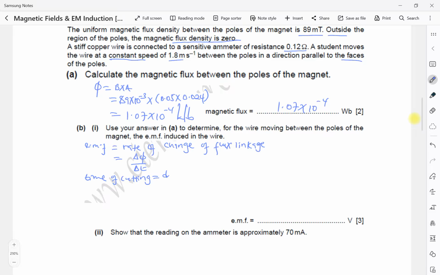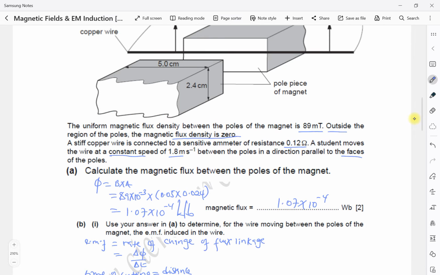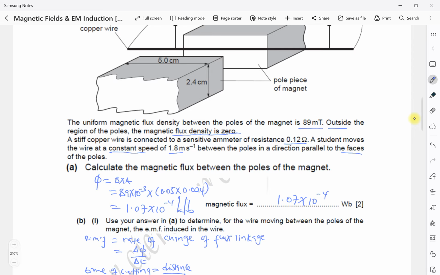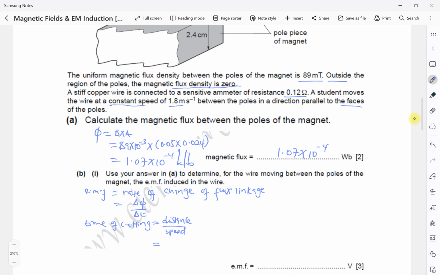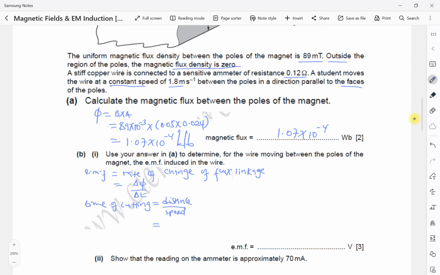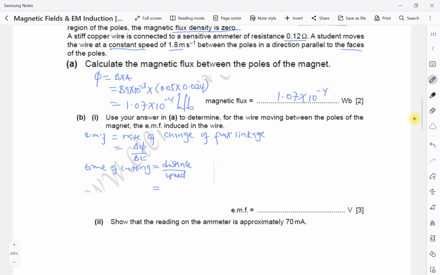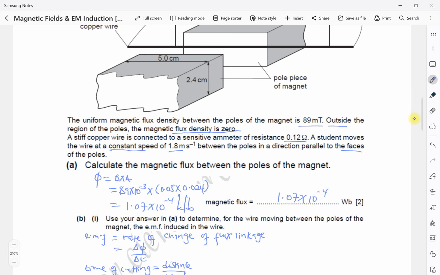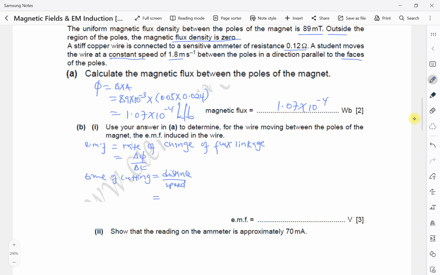But then the time of cutting is actually distance divided by the speed. The distance through which it cuts in the vertical plane is 2.4 centimeters at a speed of 1.8 meters per second.